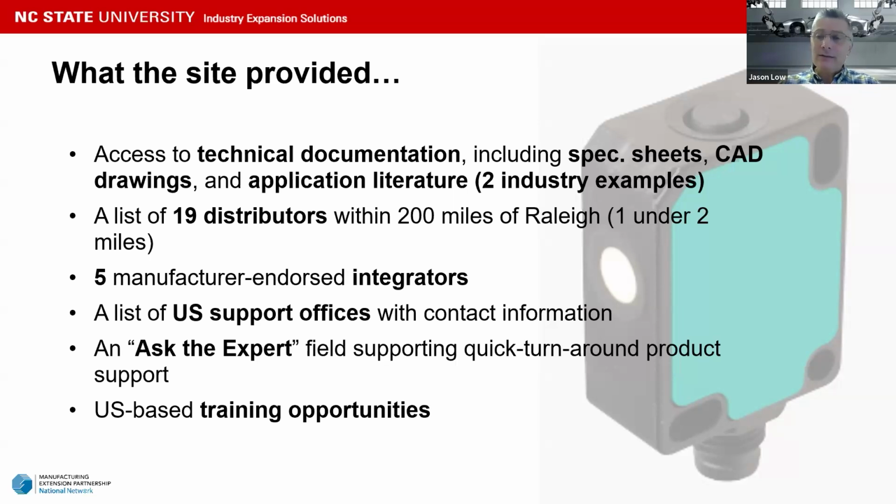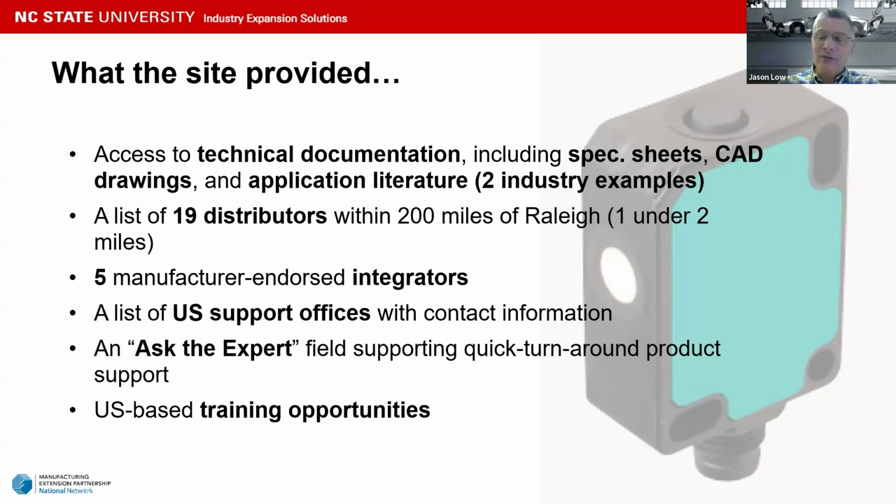although the products are very much distributed here in the United States. I was able to get technical documentation, right? Spec sheets, CAD drawings, etc. I was able to find 19 distributors within 200 miles of where I am here in Raleigh. One was just down the street. I was able to find integrators that could help me with this, perhaps for a system I'm building where I might need an integrator, so I want to talk to them about this.